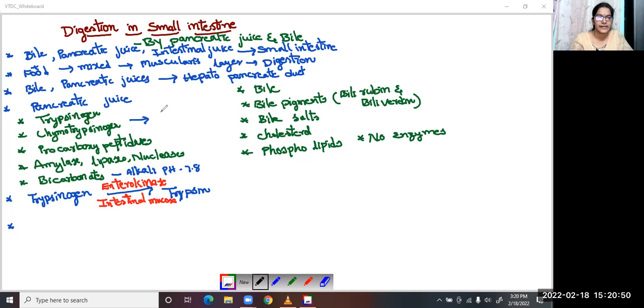Chymotrypsinogen activated into chymotrypsin. And procarboxypeptidase enzyme activates into carboxypeptidase enzyme. So these two reactions occur in the presence of trypsin.